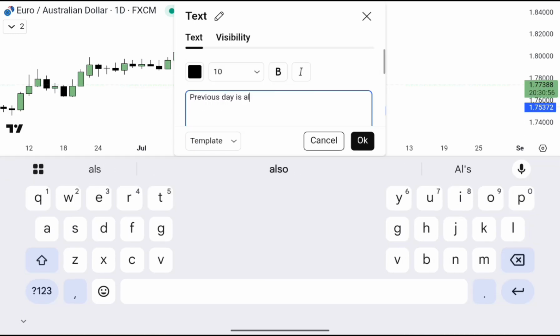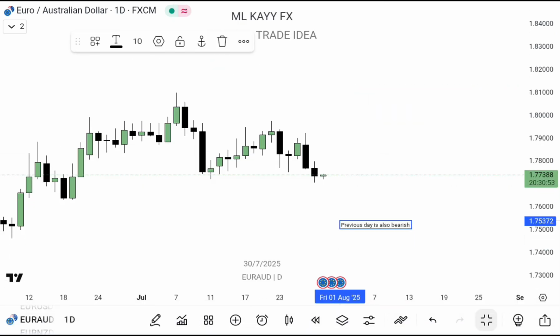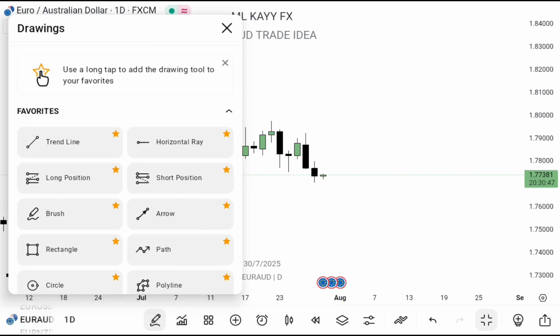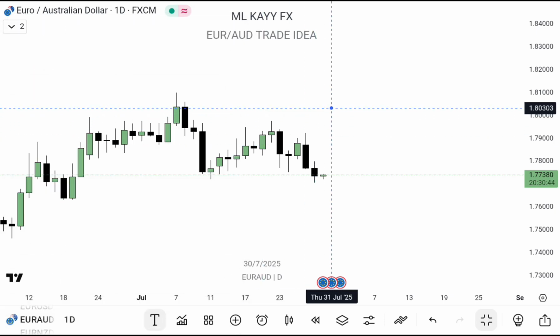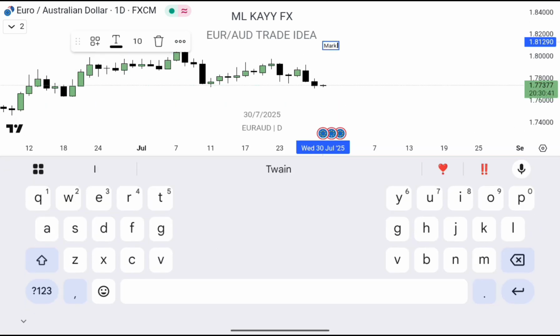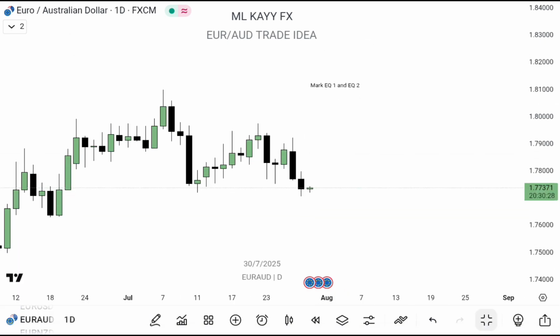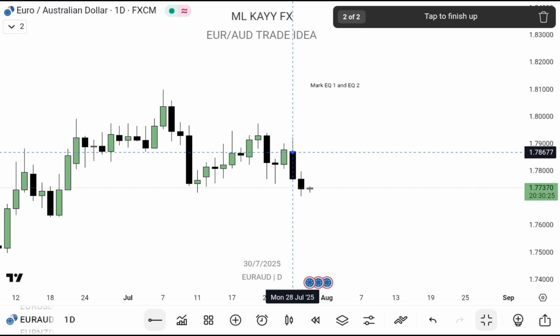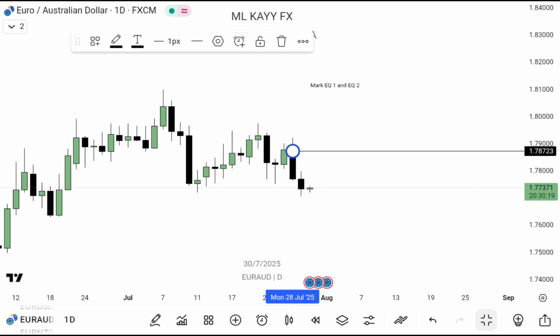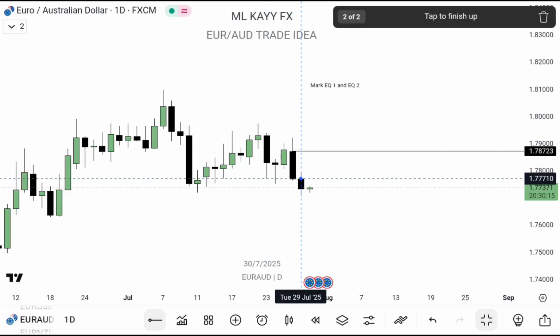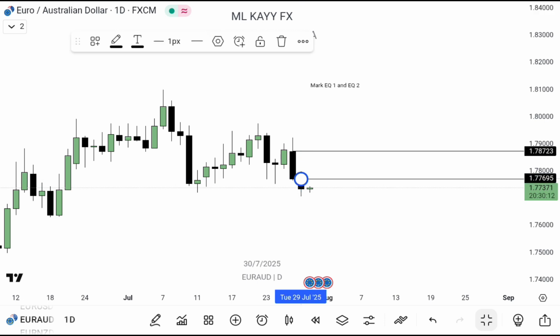We're going to mark the open of the previous day, which is equilibrium line number 1, and we're going to mark the open of the current day, which is equilibrium number 2. Okay, there we are marking our equilibrium lines.